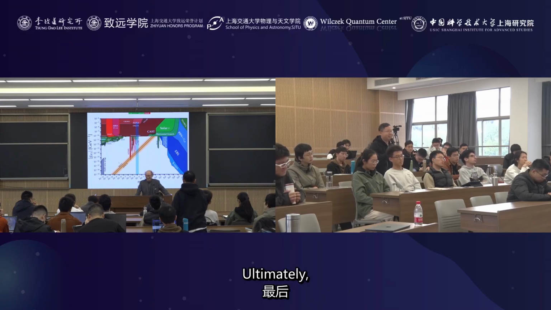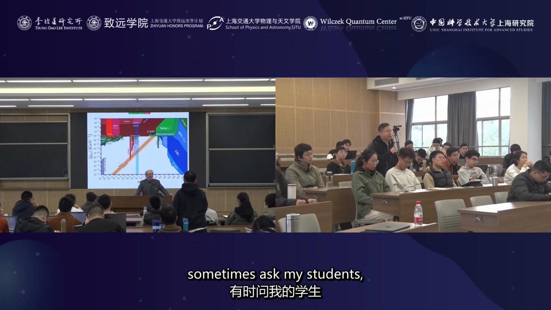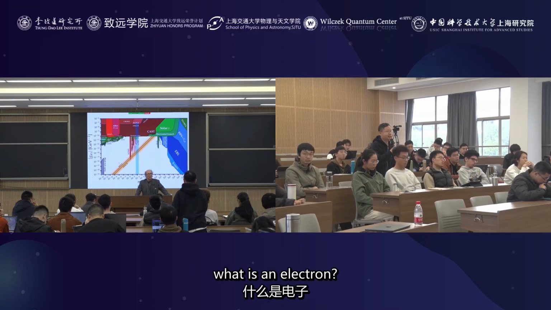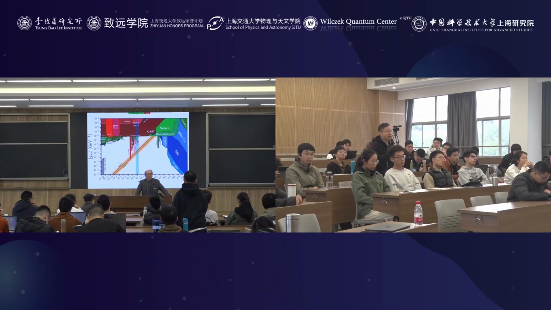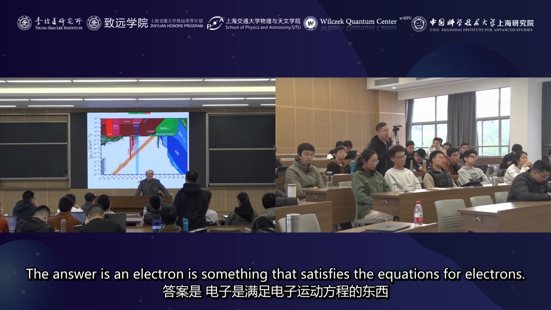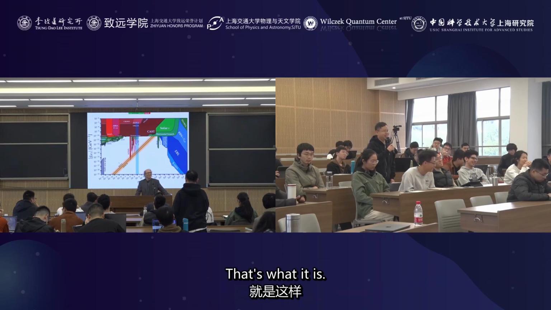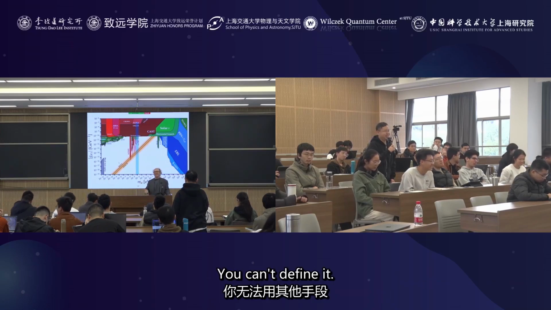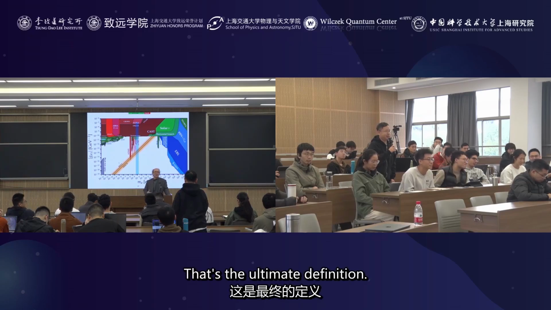Ultimately, I like to ask my students, what is an electron, for instance? And the answer is an electron is something that satisfies the equations for electrons. That's what it is. That's the ultimate definition.